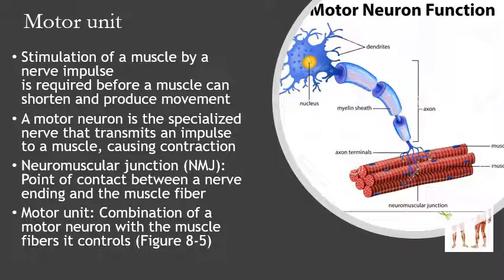So we're talking about a single one. You're only talking about the single motor neuron and the muscle fibers it innervates. Innervates means that nerves go to it to work.